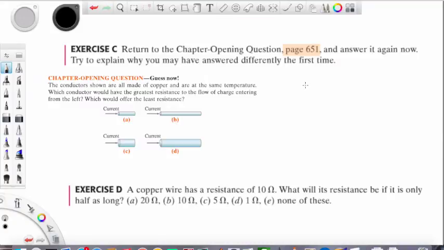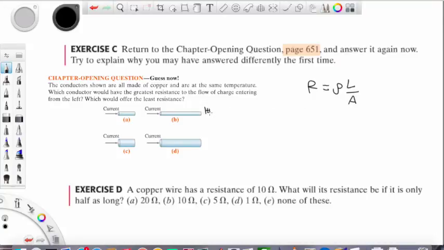Now we're ready to work on a couple of exercises. The first one asks, which conductor of these four would have the greatest resistance to the flow of charge entering from the left? Well, our resistance is rho times L over A, which means that if we have a long and skinny resistor, there the resistance would be highest.